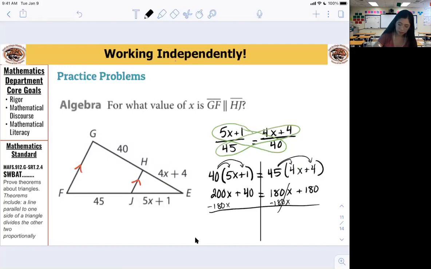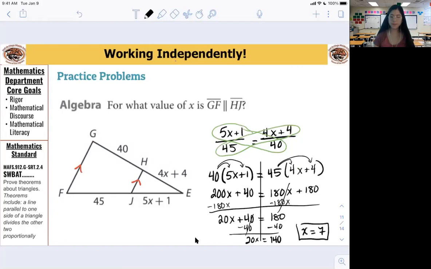Good. Nice, Rios. 20x plus 40 equals 180. Now what? Good, minus 40. What's 180 minus 40? 140. What's 140 divided by 20? We get 7.